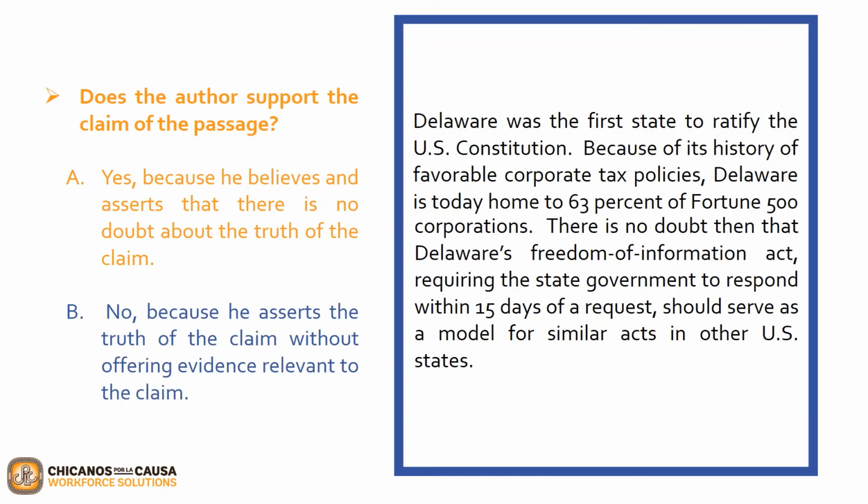The author's claim is that the Delaware's Freedom of Information Act is no doubt the best, but there is no evidence supporting its claim. You can also determine that this is the author's opinion by using keywords. In this instance, the author used no doubt, which generally means the author is stating an opinion. Let's move on.